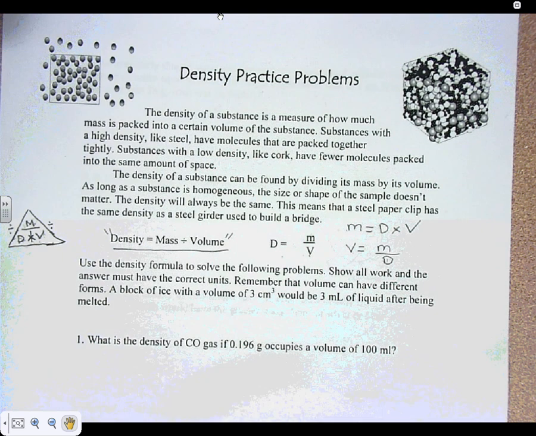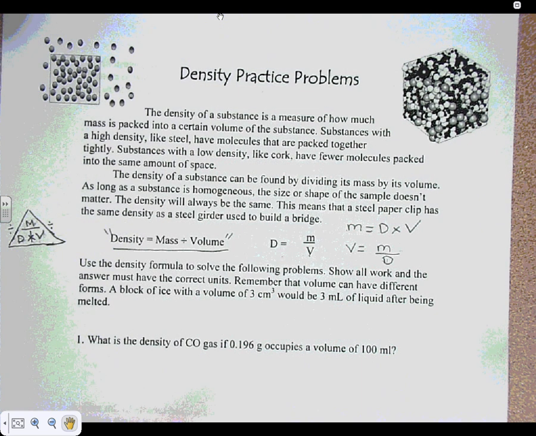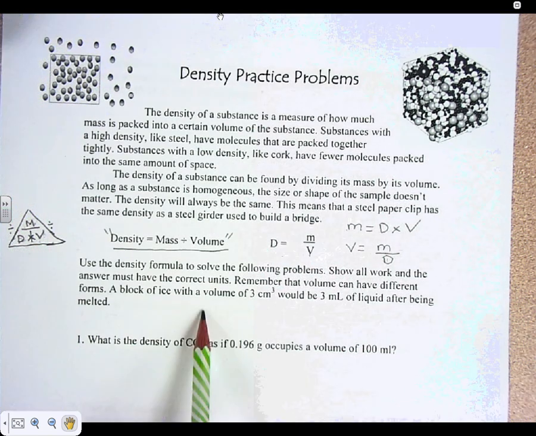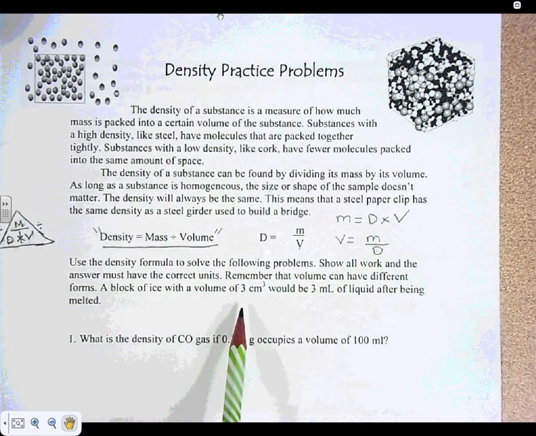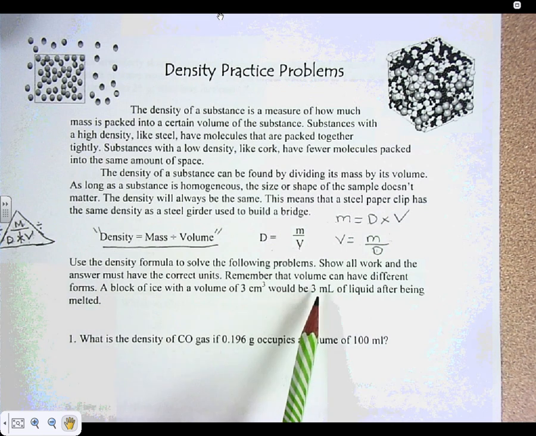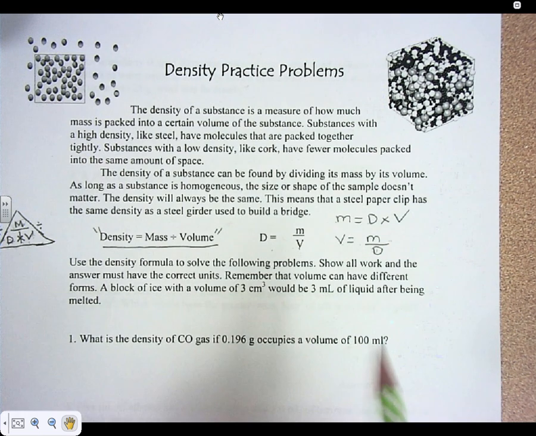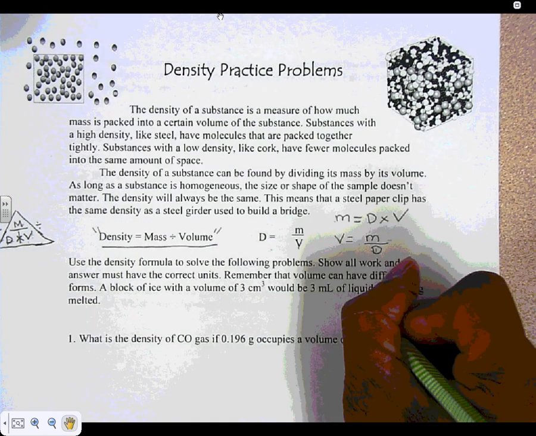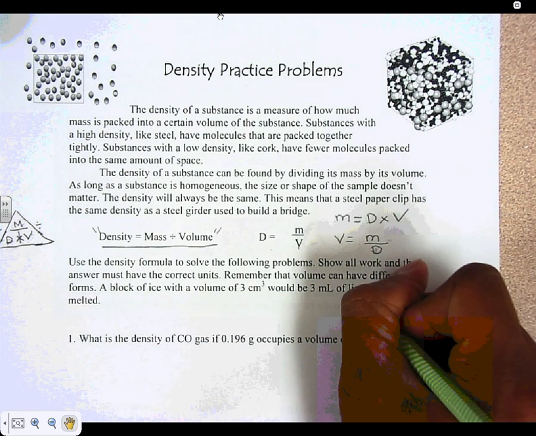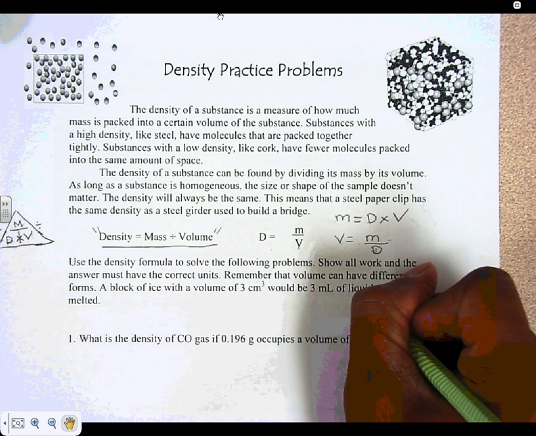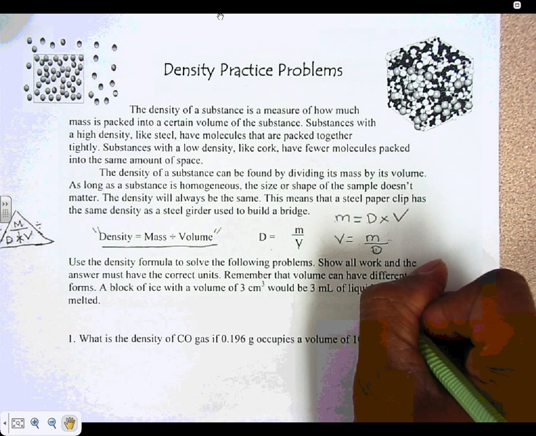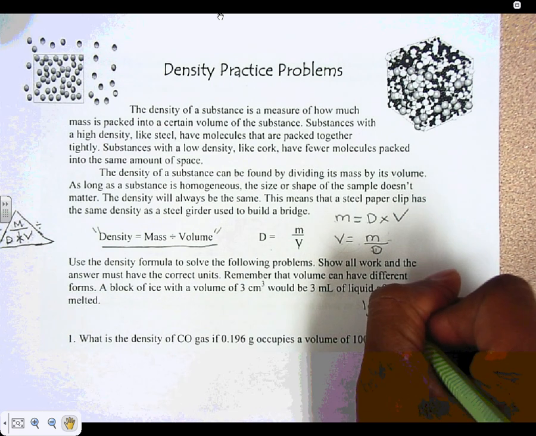Now, the first one refers to a block of ice with a volume of 3 cubic centimeters, and it would have 3 milliliters of liquid after being melted. That brings up a very fair point that needs to be known about water. One, water's density is 1 gram per milliliter.